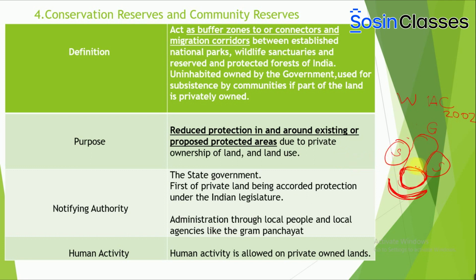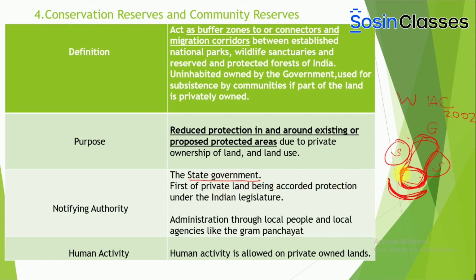Because private lands are involved, protection for the entire reserve is necessary. And who declares these conservation reserves? It is the state government again. The state government declares which area acts as a buffer zone and comes under a conservation reserve.